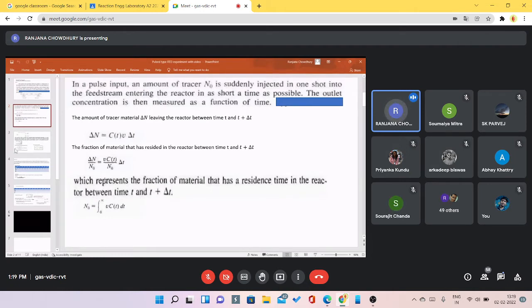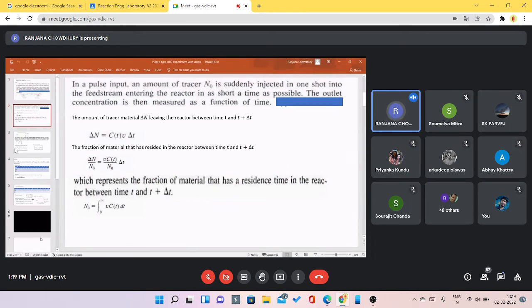Now n0 is the amount of tracer which has been introduced to the reactor at the initial moment, and this is nothing but the integral of V C(t) dt in the limit of 0 to infinity.